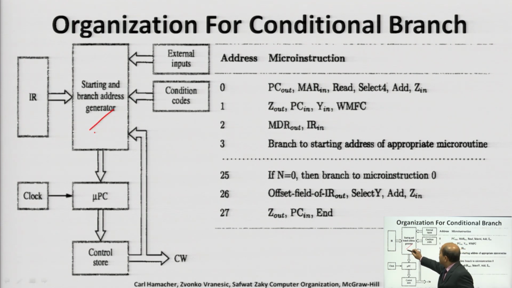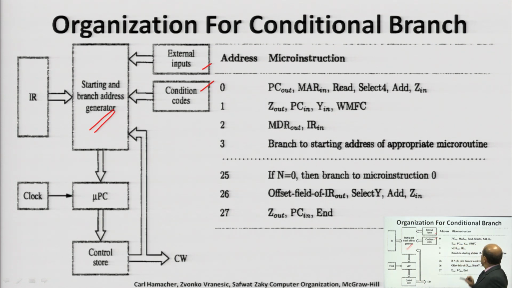The starting and branch address generator will generate the initial or 0 location address, or the first instruction address, and based on conditional and external inputs it will generate the address of the instruction where it has to jump.